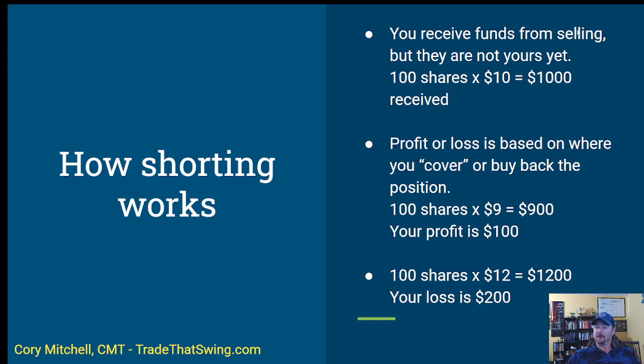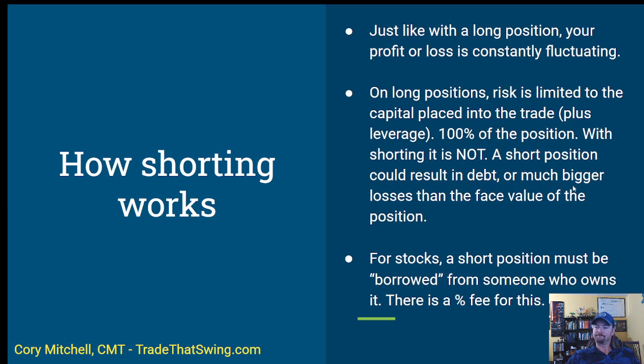So a lot more. You're going to be down. You have to buy it back at $3,000. You only received $1,000. You have to pay out $2,000 just to close out that position. Now imagine if these numbers get bigger, you can see why it can really start hurting.